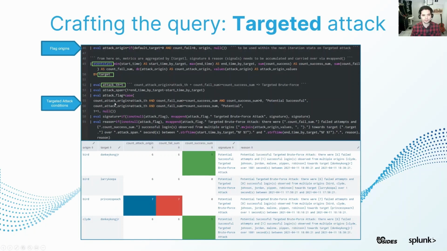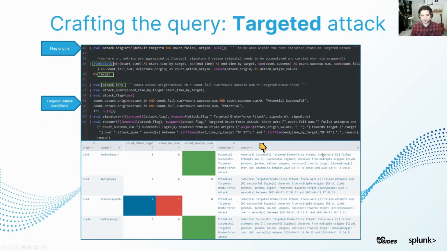And here is where in the attack flag, following the same methodology as before, I may have successful and non-successful ones, and I'm able to determine with a case eval statement if the conditions were met or not.